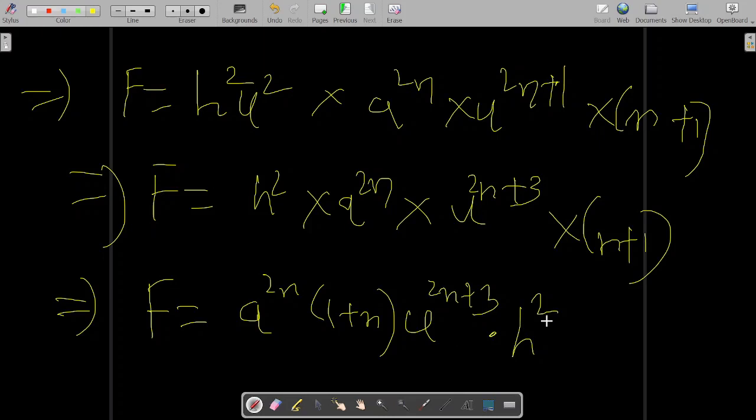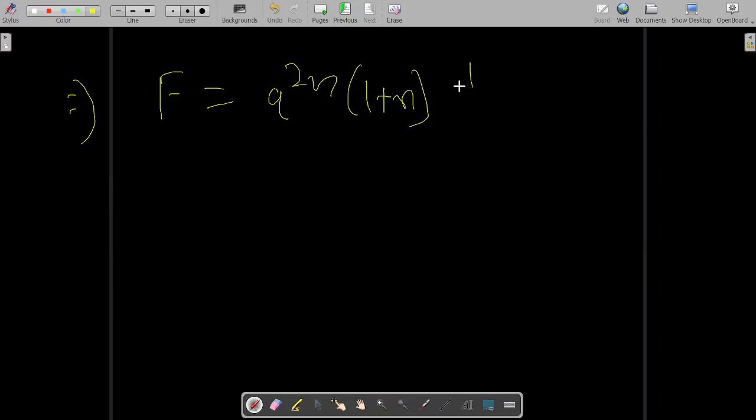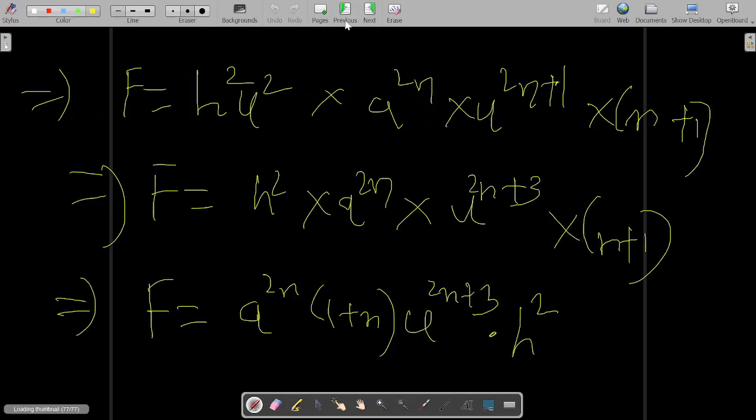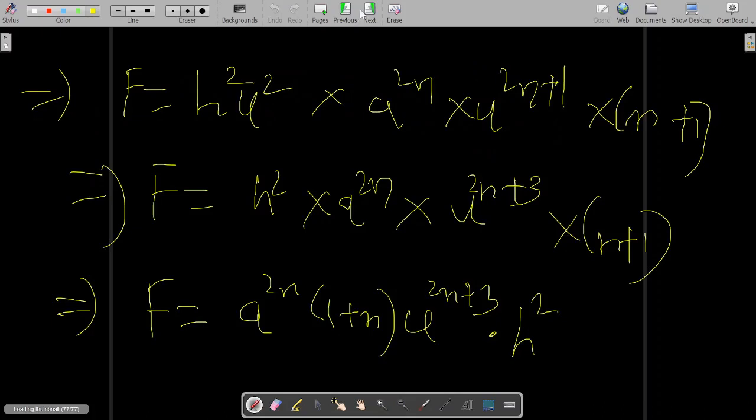Now you know this very well, that u equals 1 by r. So you will rewrite this: f equal to a to the power 2n into 1 plus n into 1 by r to the power 2n plus 3, into h square.